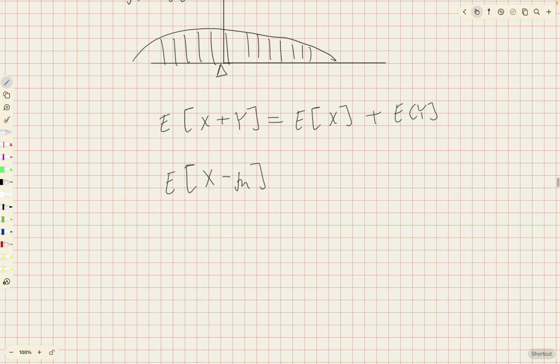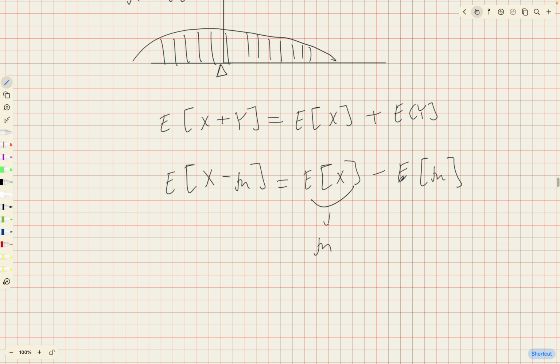And what is the expected value of this distribution? The same thing, as we're going to use this property, mu, and you know that this is basically mu, right? Because the expected value of a distribution is the mean of that distribution, which is mu. And another property of the expected value is that the expected value of a constant is also, no, sorry, I'm really sorry.